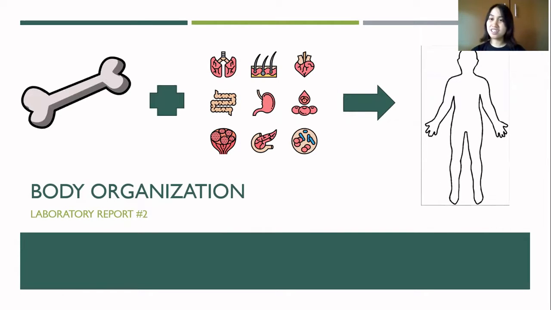But it is not just like that. It is more complex than we thought before. So we will dig into how the body organization works based on planes, directional terms, and the locations of the specific parts where the organs are located.